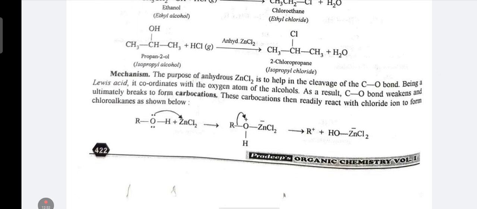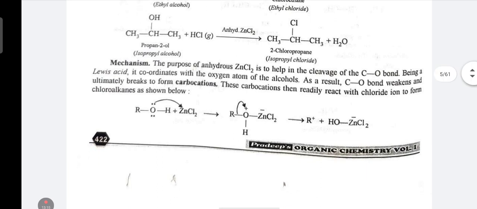ROH plus ZnCl2. There is a transfer of a lone pair to zinc. Zinc attains a negative charge and oxygen attains a positive charge. Then there is a formation of carbocation and zinc chloride hydroxide.